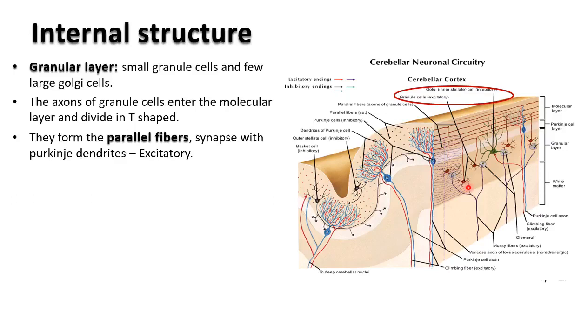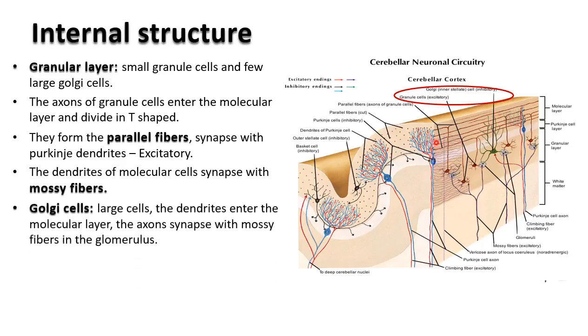I will tell you in a short while what mossy and climbing fibers are. Mossy fibers synapse with the dendrites of the granule cells. Again, they are excitatory to the granule cells, and granule cells in turn are excitatory to the Purkinje cells.